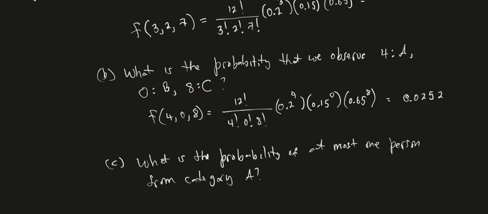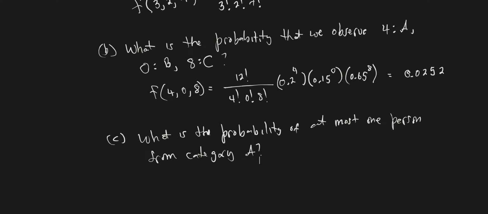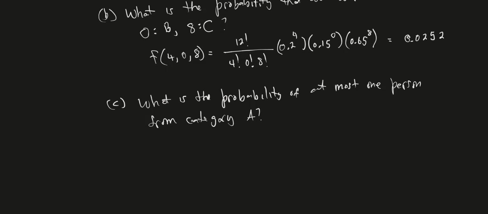Well, in some sense we do. In this case, we're defining observing someone from category A as a success, and if we don't, then it's a failure. So this is actually going back to the binomial now, and essentially this is how it's going to be set up.